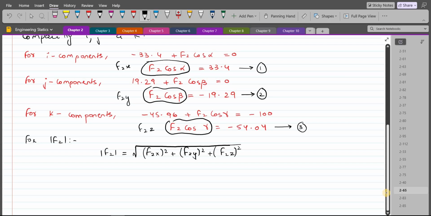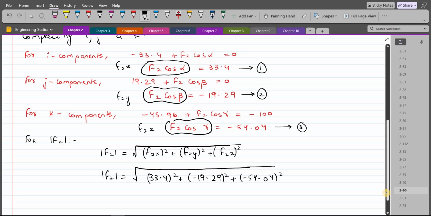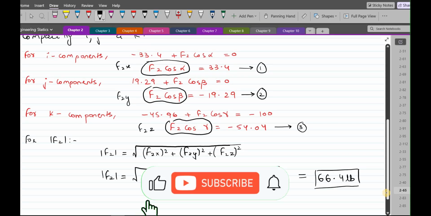If I substitute the values, I would have the square root of 33.4 squared plus negative 19.29 squared plus negative 54.04 squared. Upon simplification, the magnitude of the F2 force comes out to be 66.4 lbs. So this is our first answer.